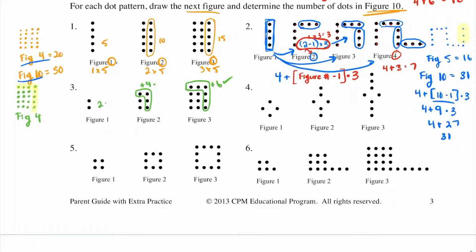Okay. Now we need to figure out how many dots are going to be in figure 10. And you might have noticed that I can just take my figure number and multiply it by 2 to get the number that I need to add.